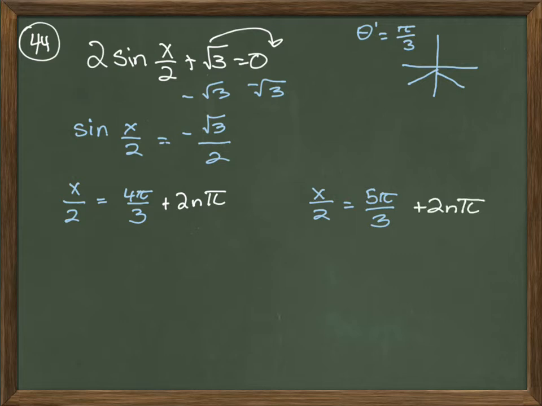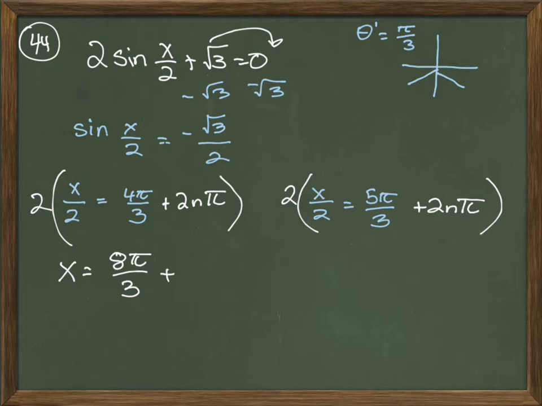Now, how do you get x by itself here? Multiply by 2. So that gives you x equals 8 pi over 3 plus 4n pi. Over here we have x equals 2 times 5, 10 pi over 3 plus 4n pi.